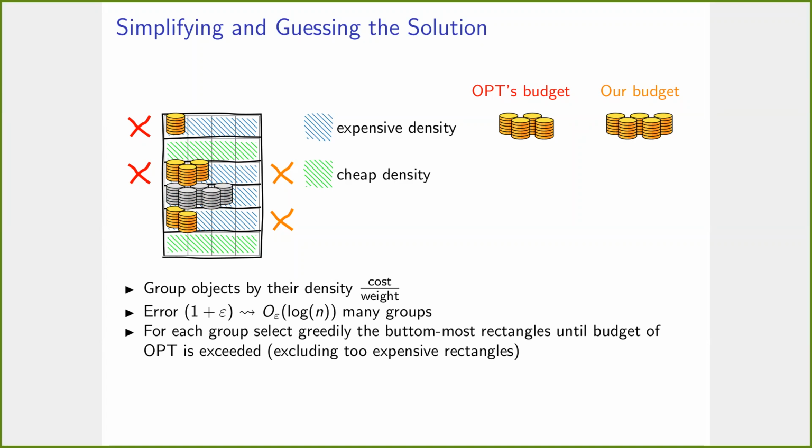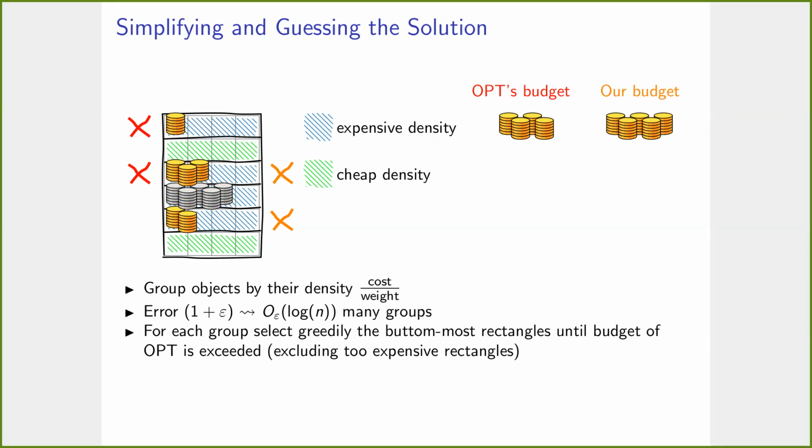And secondly, it's important to notice that this solution, or this transformation to the solution, still remains feasible. And this is essentially because of the constraints, because of these vertical ray constraints.